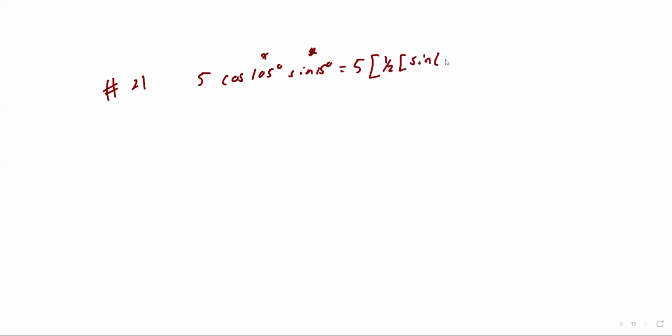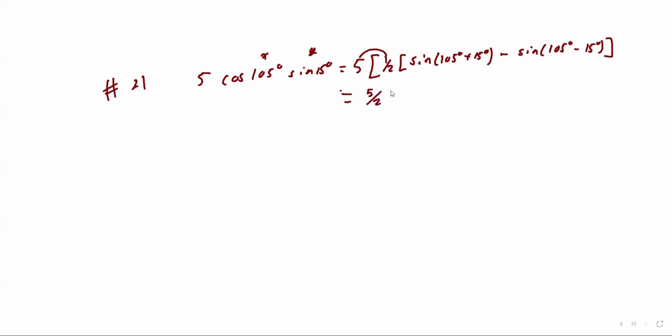sine of 105 degrees plus 15 degrees minus sine of 105 degrees minus 15 degrees. So when we work this out, I'm going to go ahead and distribute this here.